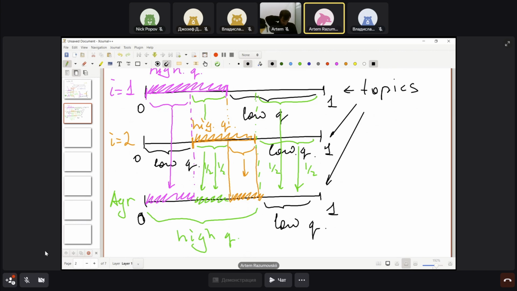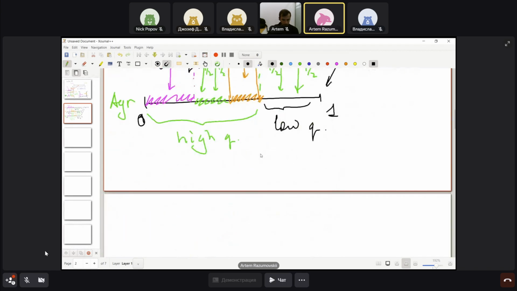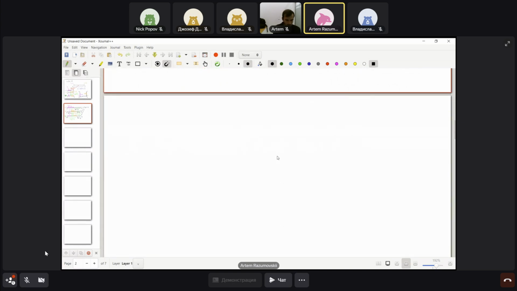That's about the aggregator. So then we will have to think about the measure. In other words, what is the exact quality by agent?